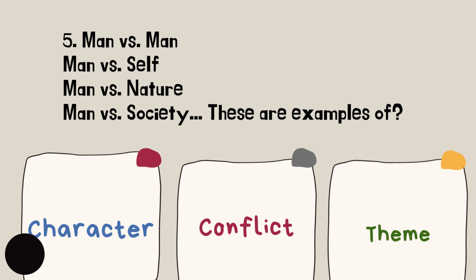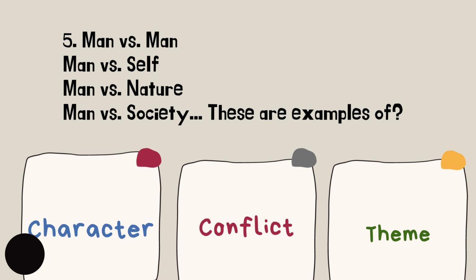Okay. So this is what I'm talking about, the types of conflict. Here are the basic ones. We have man versus self, man versus nature, man versus society are all examples of here. Obviously, the answer is conflict. Kasi sa story, every story has its own conflict.